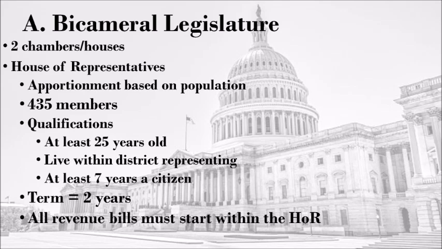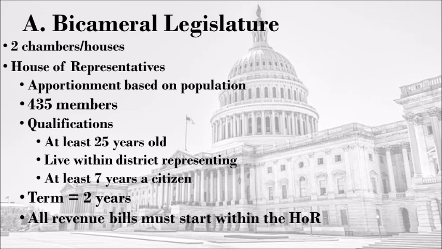Article 1, Section 2 of the United States Constitution states, representatives and direct taxes shall be apportioned among several states which may be included within the Union, according to their representative number.